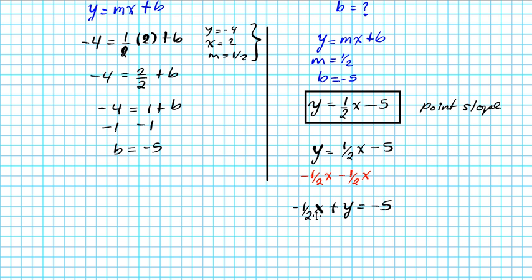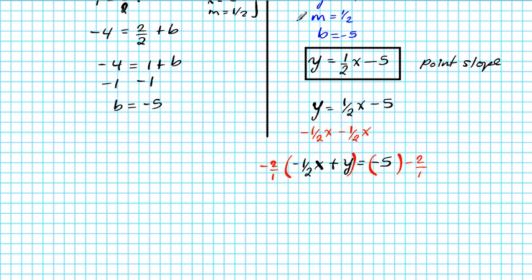The coefficients have to be integers, so I need this negative 1/2 gone. So what I'll do is multiply by the reciprocal of that, which is -2/1, on both sides. I'm going to distribute this to everything. On the top here, just multiply the top.